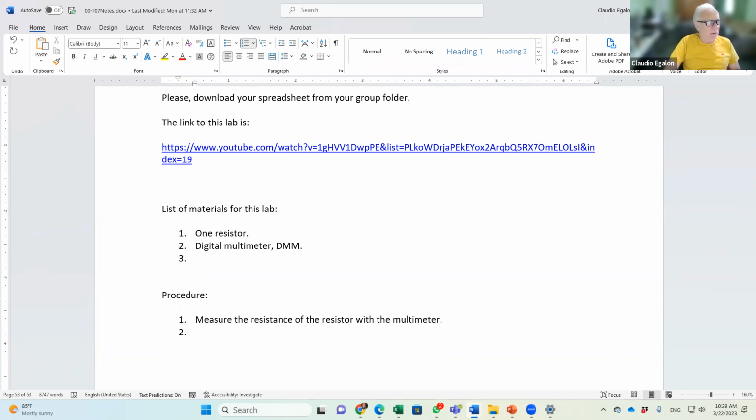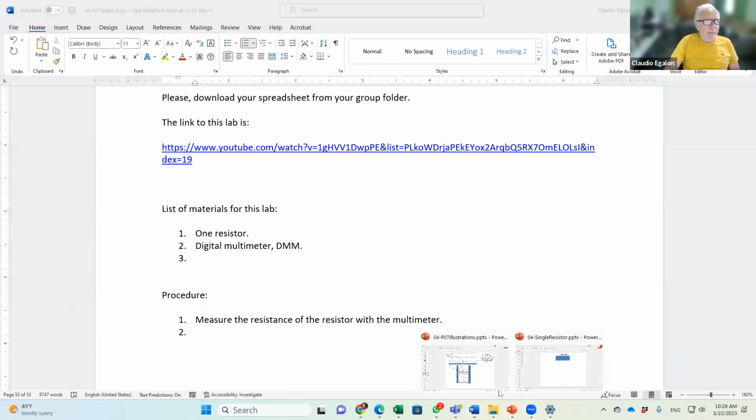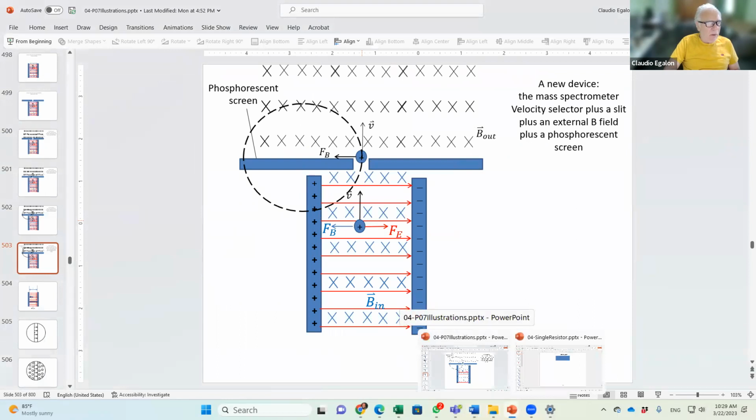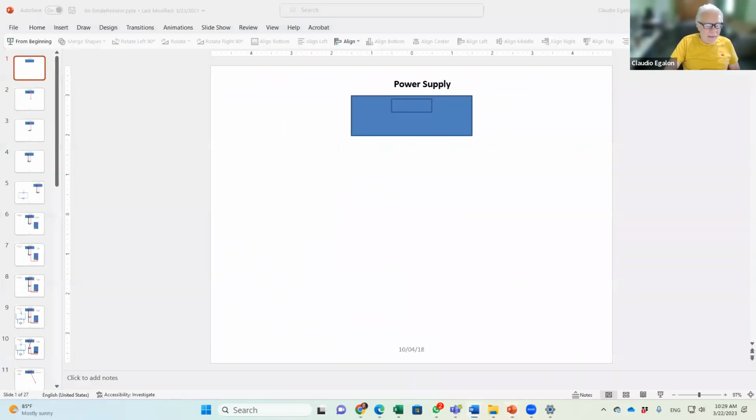Very important device. You can use it to find out if you're running out of power in your battery, right? You can use it to measure resistances of different components. And I'm going to close this here and save it.